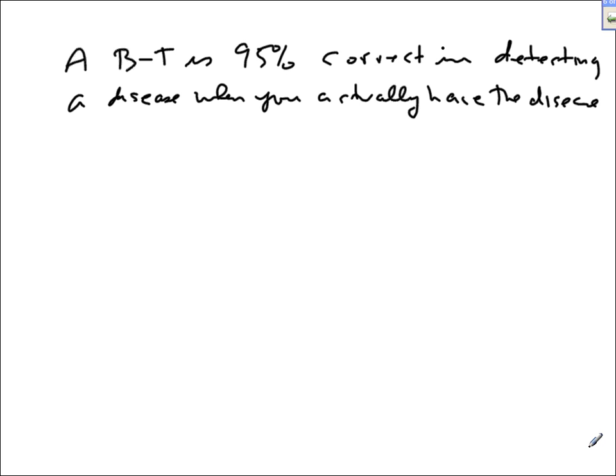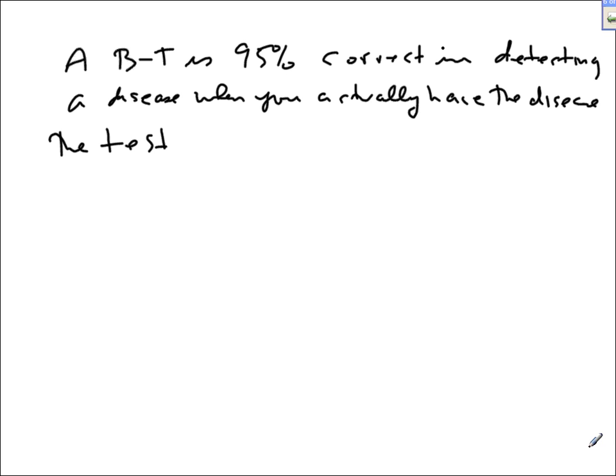You do have the disease. The test says you have the disease. Only 95% when you do have it. In other words, if 100 people on average, in the long run, if 100 people came in who have the disease and they take this blood test, only 95 of the people will get a result back saying, yes, you have the disease. 5 people, the test will come back saying, you don't have it. But in fact, they had it.